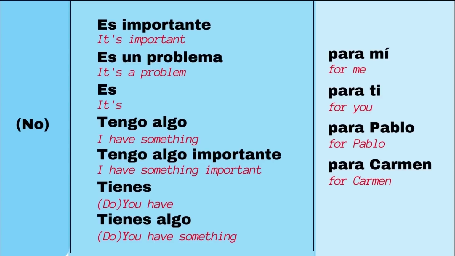It's not for Pablo, it's for Carmen. Es un problema. Tengo algo urgente para Carmen. It's a problem. I've got something urgent for Carmen.